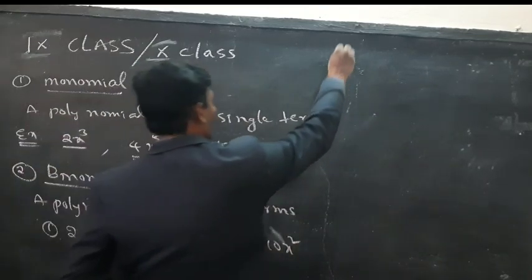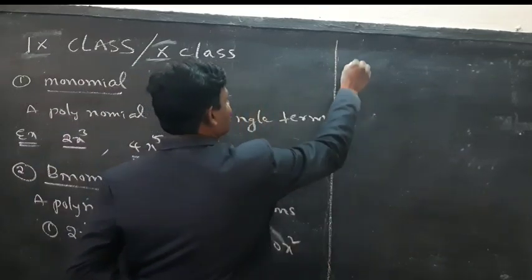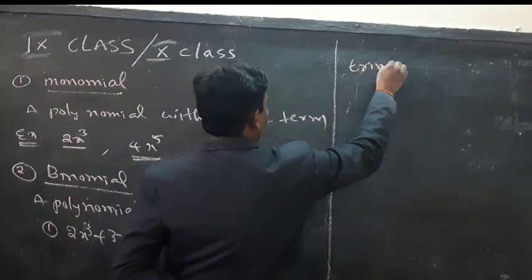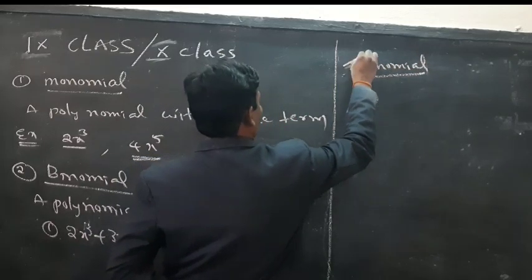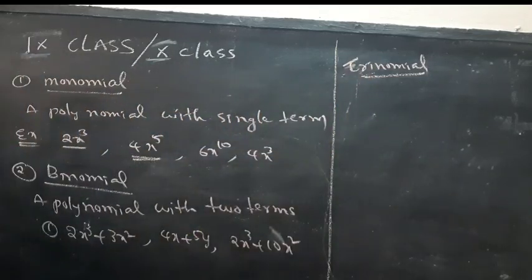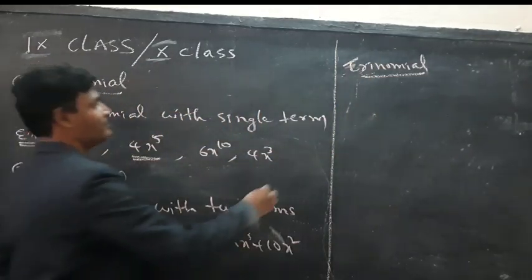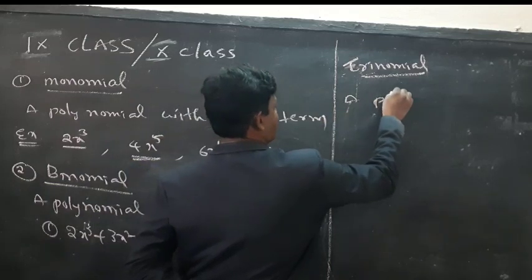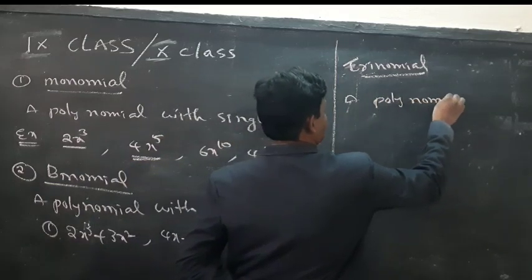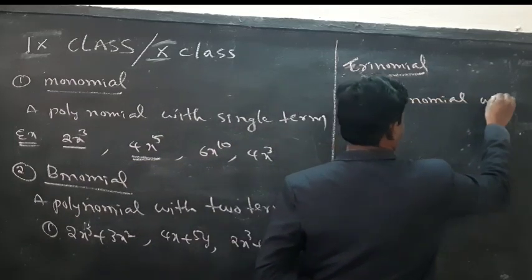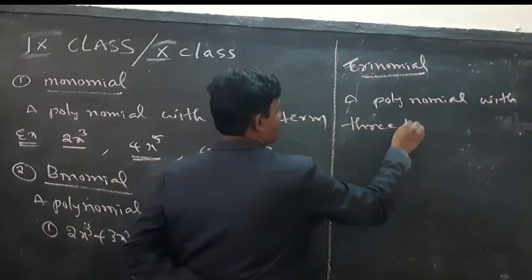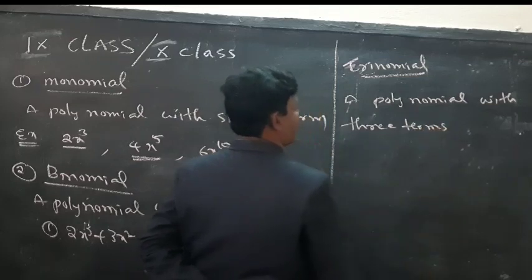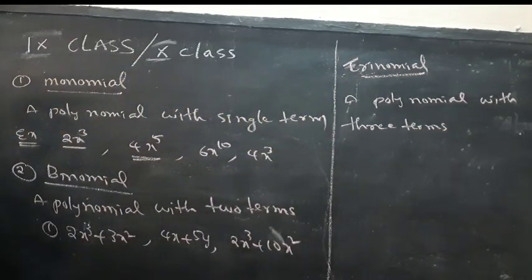Then trinomial. A polynomial with 3 terms is called a trinomial.